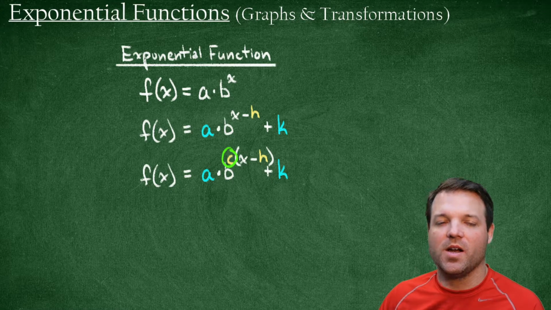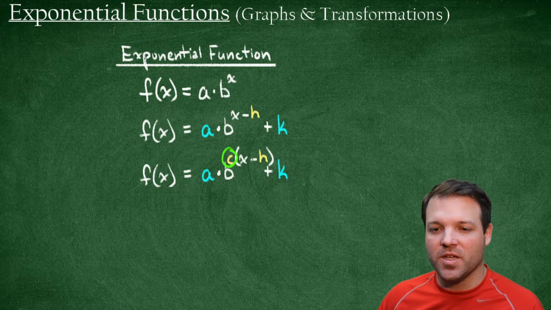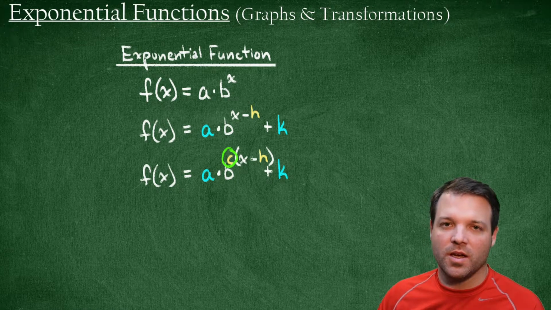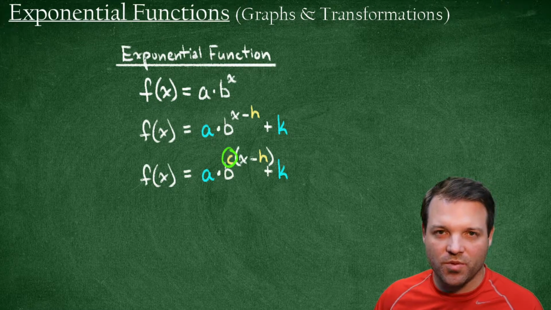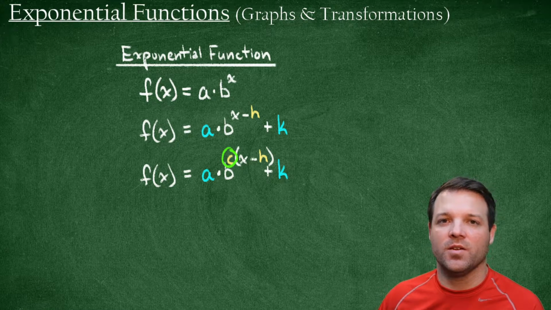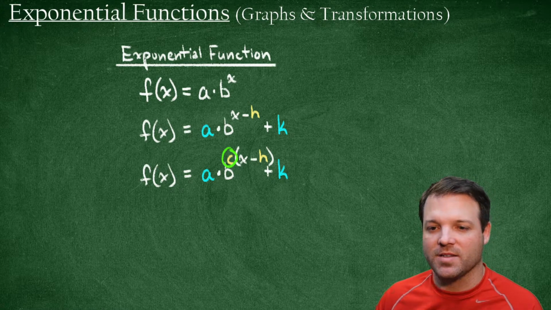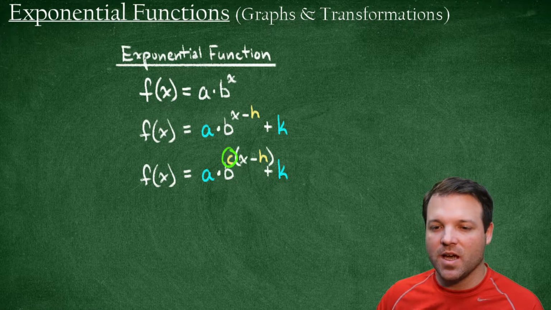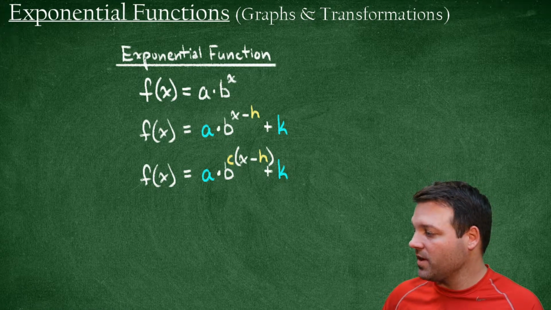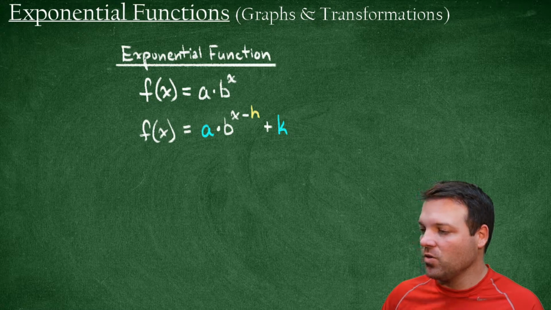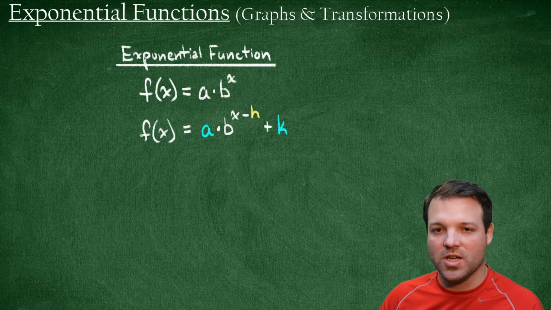Just in case you're curious, this multiplier would be a horizontal stretch or compression, or if it was negative, then it would be flipped horizontally as well, or reflected over the y-axis, which is the same way of saying that. But either way, we are not going to cover that today. Today we are only going to be interested in these changes, which is the a, the h, and the k.